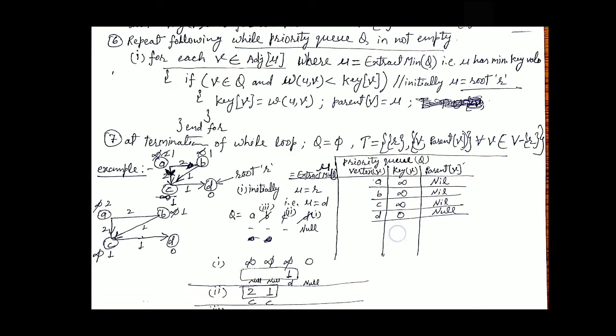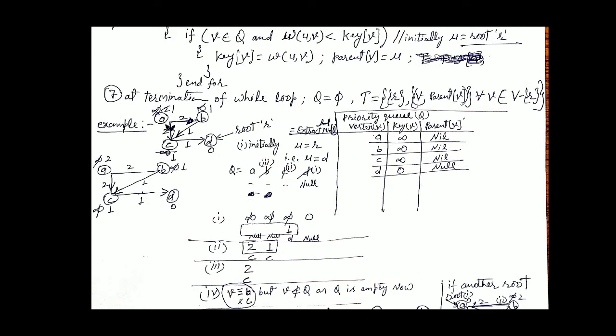So in this example, initially you can see that we have taken the root as the vertex d, and all the vertices have key values infinity and parent as nil. But the root d has the parent value as null. Now, in pass one, we execute the extract min Q function and take the return value in the variable vertex u.